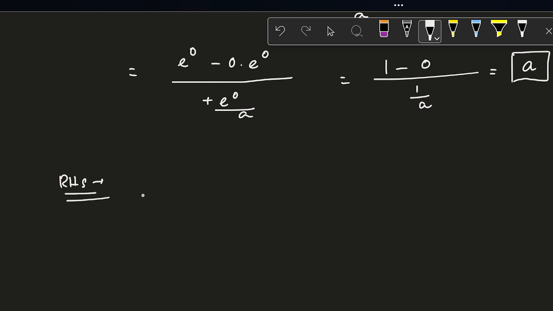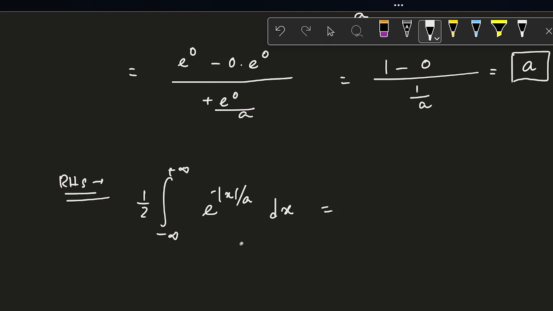This is a simple integral formula, and then you just have to check that the value of that integral also comes as a, so that LHS equal to RHS can be proven. So the integral on the right hand side was from minus infinity to plus infinity. There is a half factor in front of it, and then the function is e to the power of minus mod x by a dx, right?